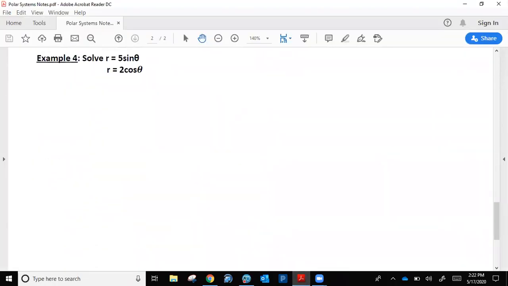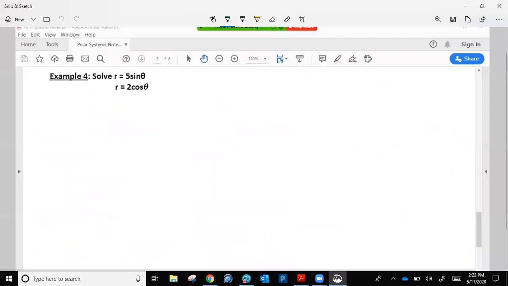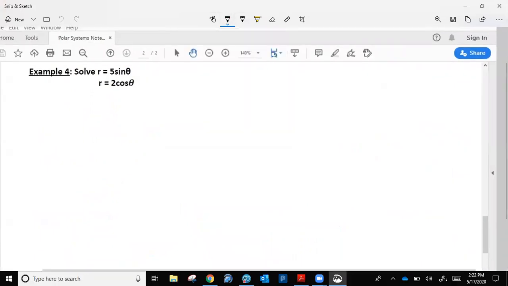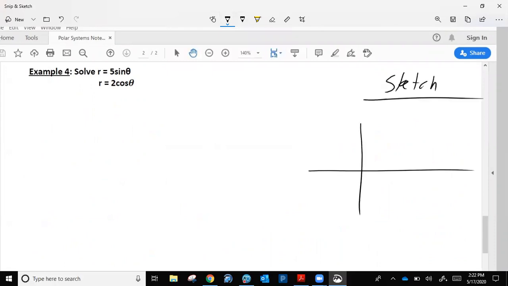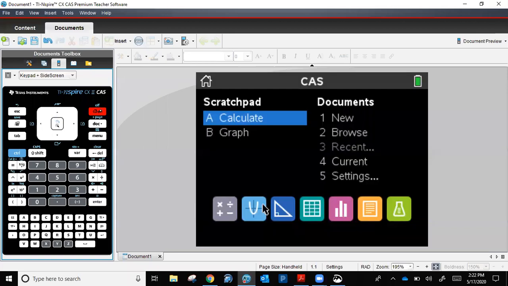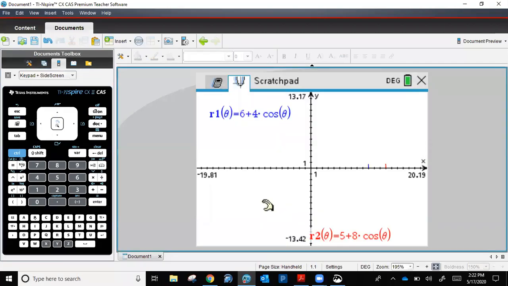So example 4 here, 5 sine of theta, 2 cosine of theta. Just like the other ones, let's make a sketch with our calculator. Notice there's no graph because I'm in degrees.